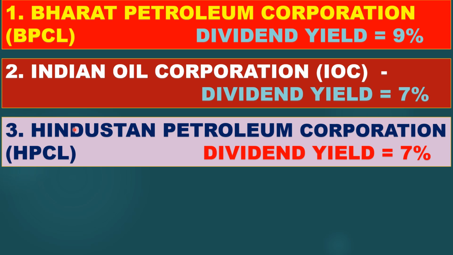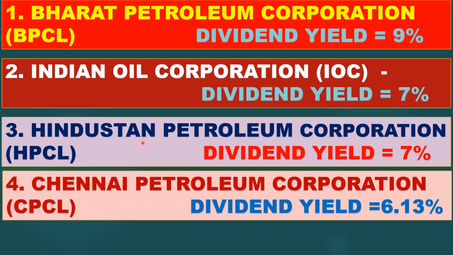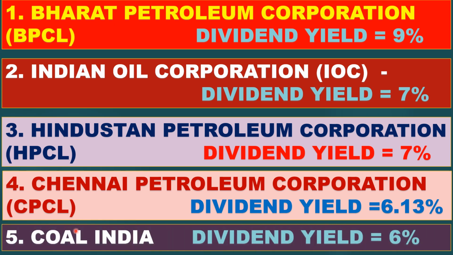The third one is Hindustan Petroleum Corporation Limited. Its dividend yield is 7%. The fourth stock is Chennai Petroleum Corporation. It has given a dividend yield of 6.13. And the fifth one is Coal India, the mining sector. Its dividend is 6%.